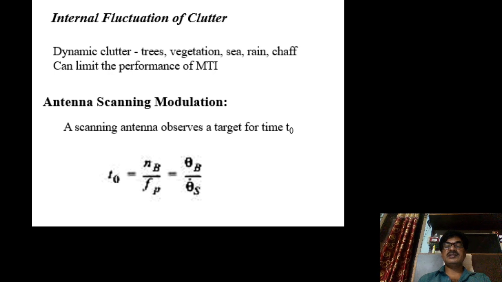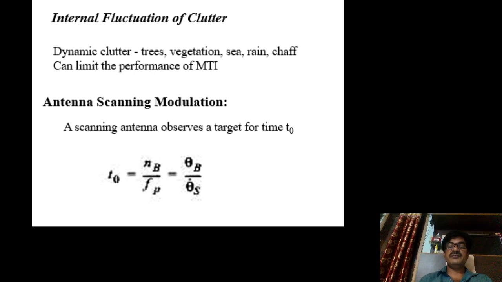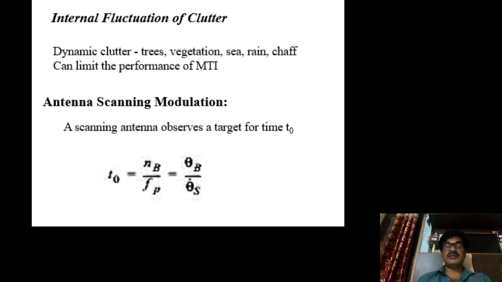Another one is antenna scanning modulation. You already know the time t naught equals n_b divided by f_p. Here t naught is the observation time on the target by the radar, where n_b is the number of hits received, f_p is the pulse repetition frequency, theta_b is the beam width, and theta_s is the scan rate.